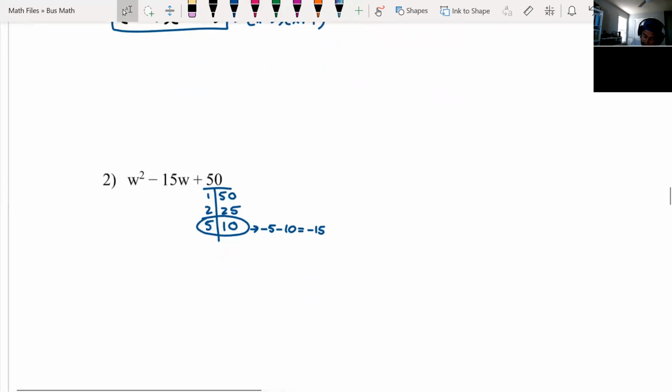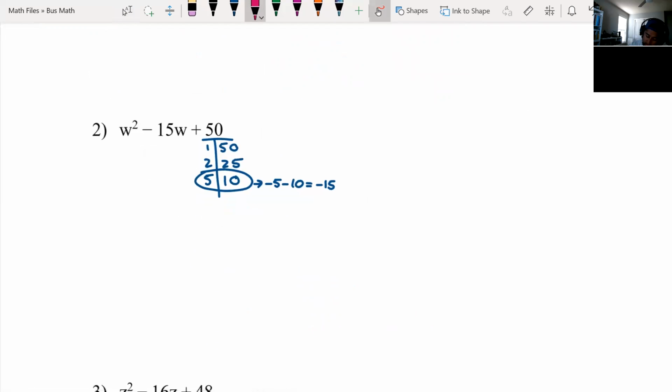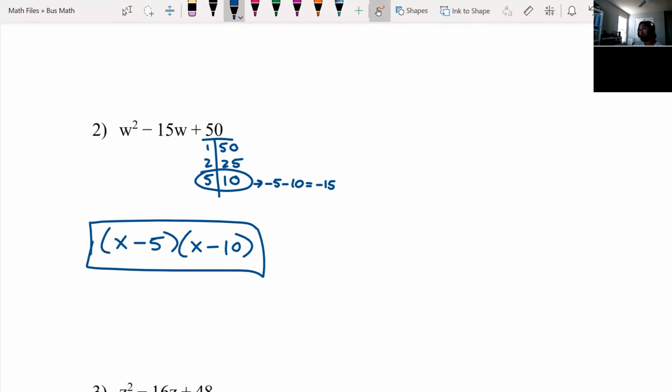That means here, I can write bigger, we'll have x minus a number, x minus a number, and in those parentheses is going to be 5 and 10, and that's it. I put x's. They should be w's, but whatever. I'll change it. There you go.